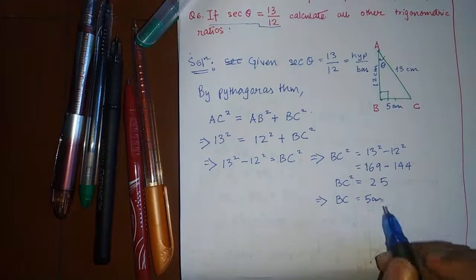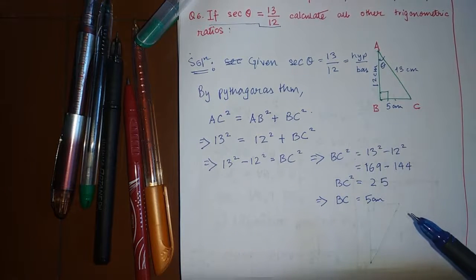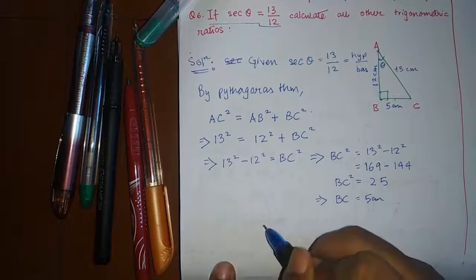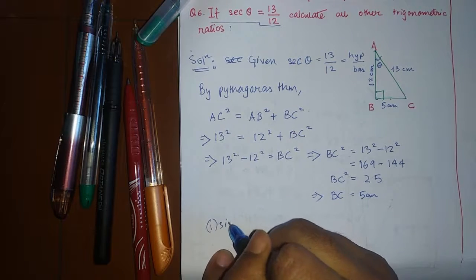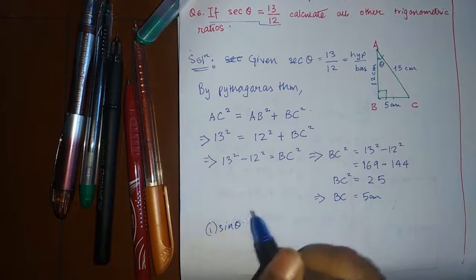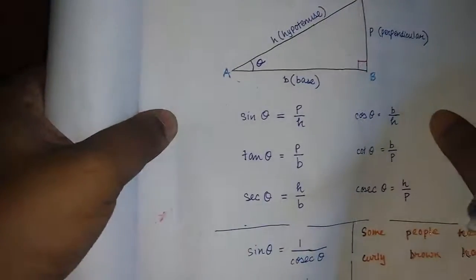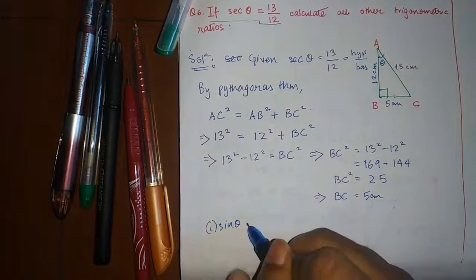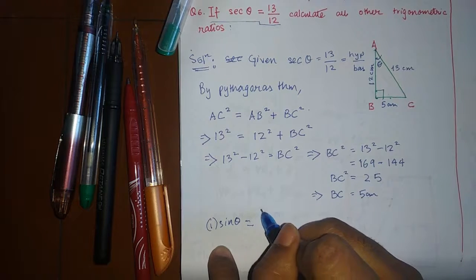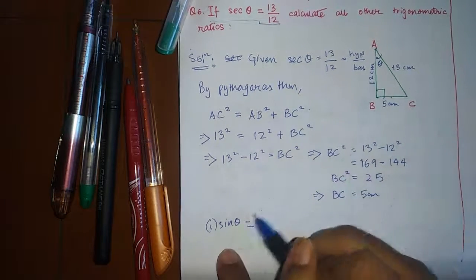Now you have to find the value of all the other trigonometric ratios, which means sin theta, cos theta, tan theta, cot theta, and cosec theta. So let's first start with sin theta. Sin theta. Remember what is the value of sin theta? It was perpendicular by hypotenuse. So we'll write sin theta as perpendicular by hypotenuse.